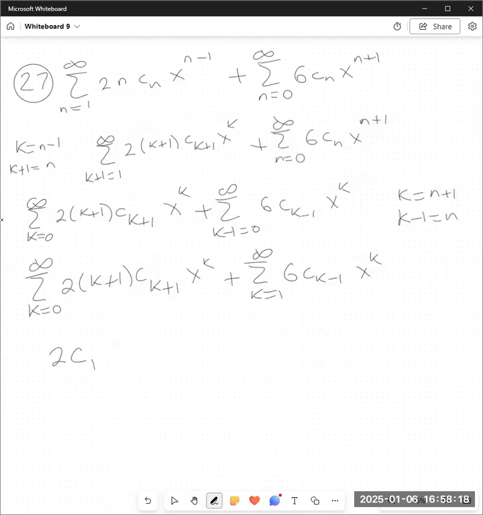So that's just a constant, plus, and then common indices, k equals 1 to infinity, and then this is going to be 2 times (k plus 1) c_(k plus 1) plus 6 c_(k minus 1), x to the k on the outside.